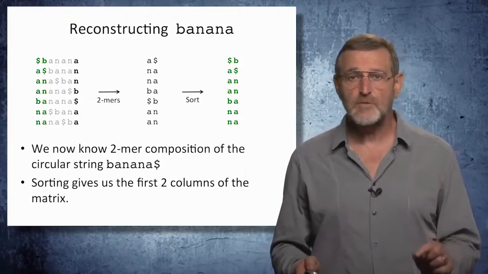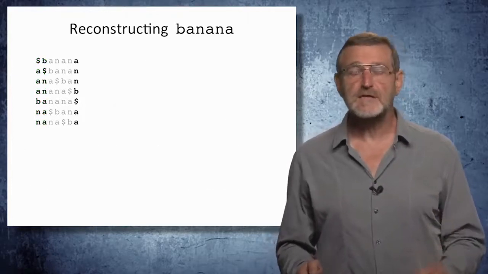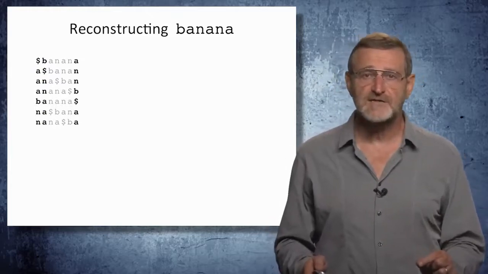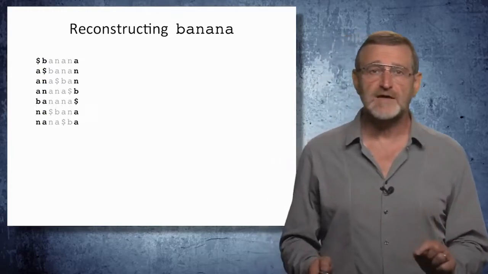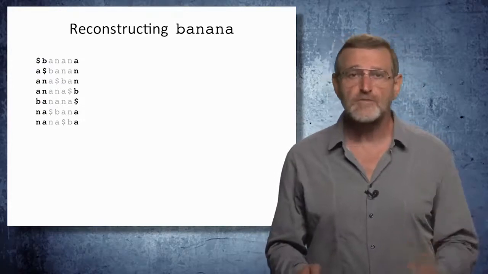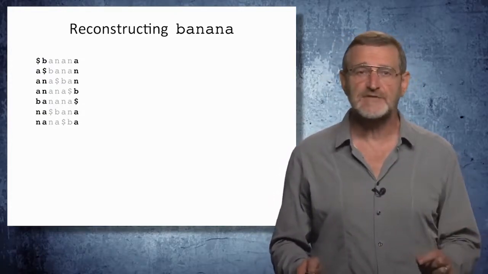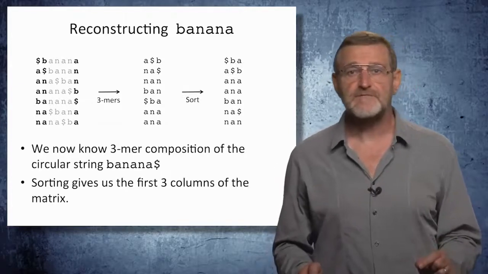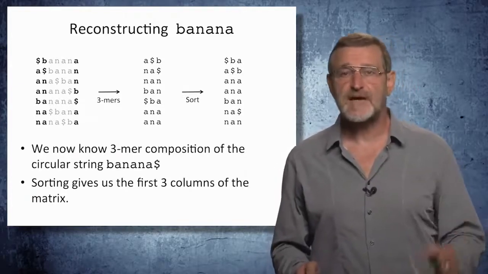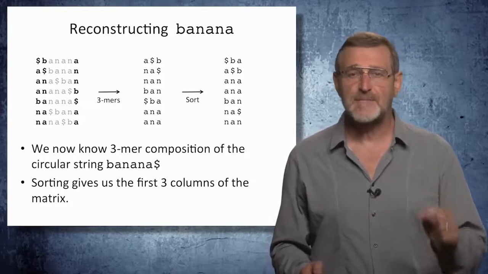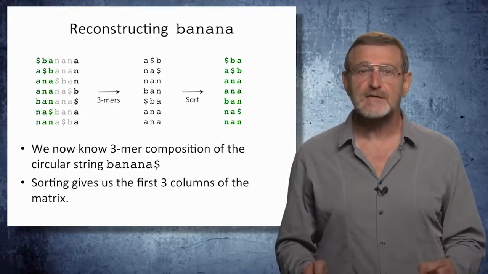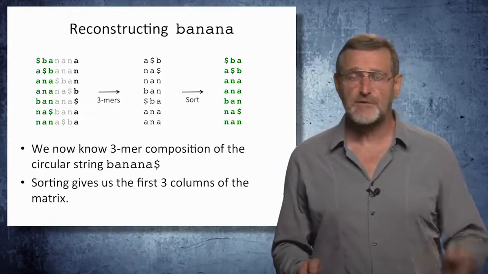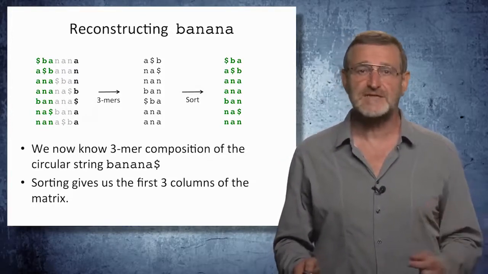Now, after we know these sorted 2-mers, we once again return to the original Burrows-Wheeler transform matrix, and for each such 2-mer, we actually know the symbols that precede every 2-mer. And therefore, we know all 3-mers. We sort them, and now they appear in the same order as they appear in the Burrows-Wheeler matrix. We once again return to the original Burrows-Wheeler matrix, and we know again the symbols that precede every 3-mer.